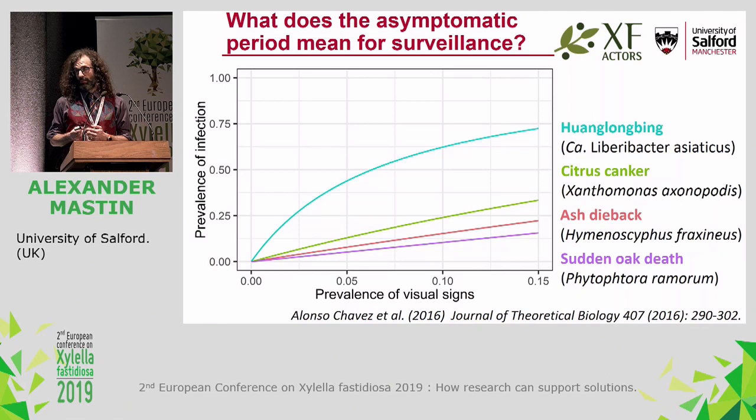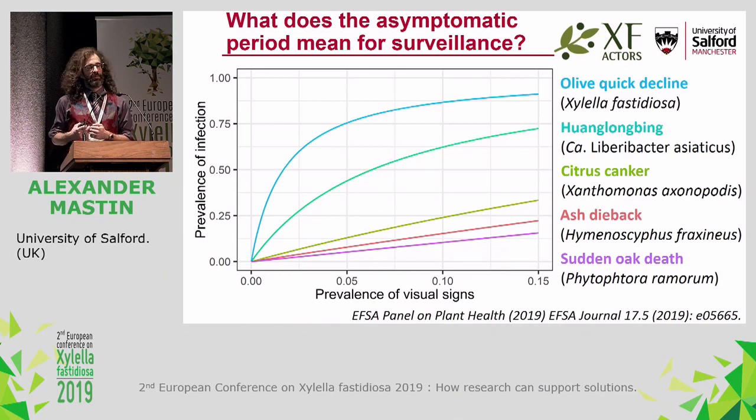Using data from Juan Navas Cortez and some surveillance data, we've been able to look at spread parameters for Xylella, especially the quick decline syndrome in Apulia, and we find it's actually even worse. We've also looked at estimating an asymptomatic period using previously published data, as Stephen mentioned before, as part of the EFSA update of the pest risk assessment, and it's described in the poster out in the hall.